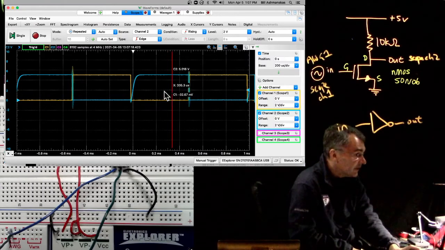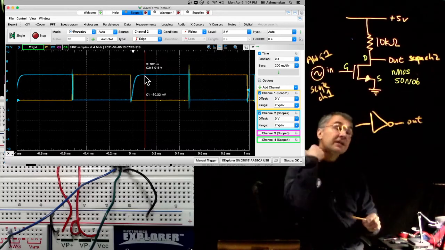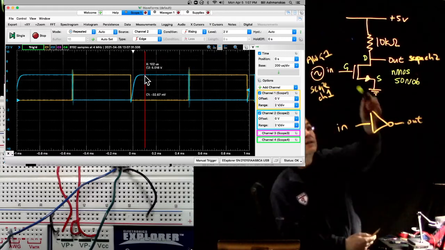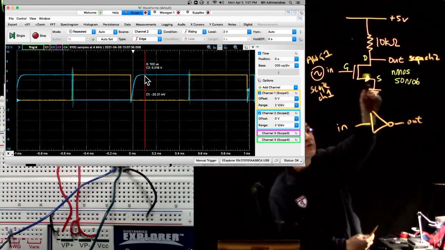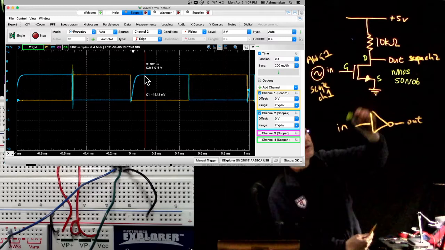And one thing you can see is when the output goes from low to high. Now when this transistor is on, in other words when VGS is above V threshold, the output gets pulled down with a low resistance to ground.